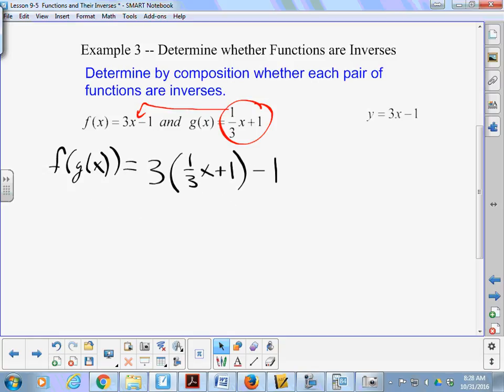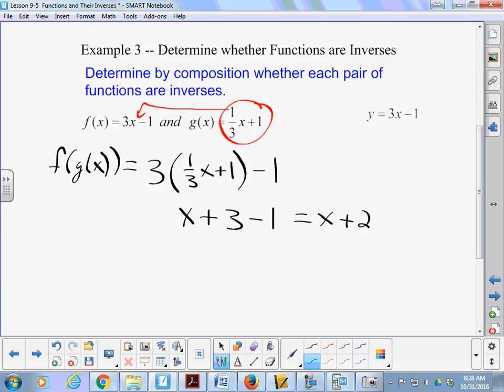All right, so we're going to simplify this. So 3 times 1/3 x is x, that's good. 3 times 1 is 3, so plus 3, then minus 1. So this equals x plus 2. Since that is not equal to x, then these are not inverses.